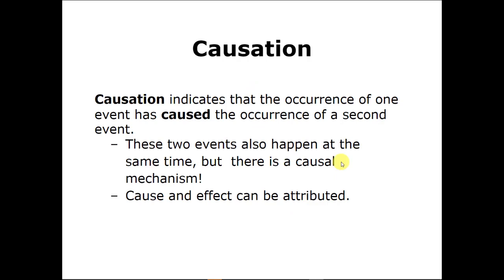Causation indicates that the occurrence of one event has actually caused the occurrence of a second event. In these situations, there is a direct causal relationship. One is causing the other, and cause and effect can be attributed.